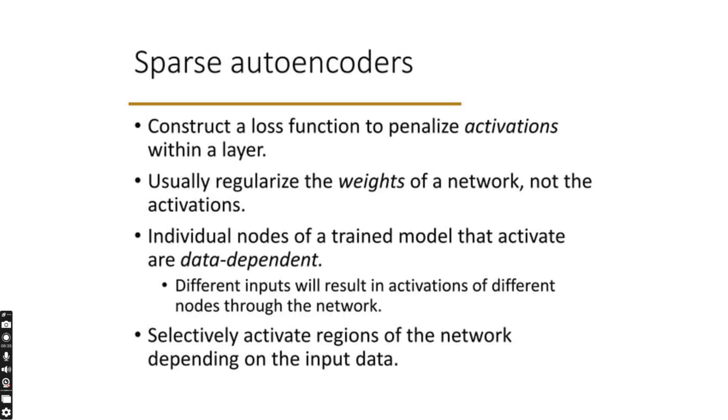In a sparse autoencoder, we construct a loss function to penalize activation within the layer. It regularizes the activations of the network. The individual nodes of the trained model that activate are data dependent, and selectively activate regions of the network depending upon the input data. These are the features of a sparse autoencoder.